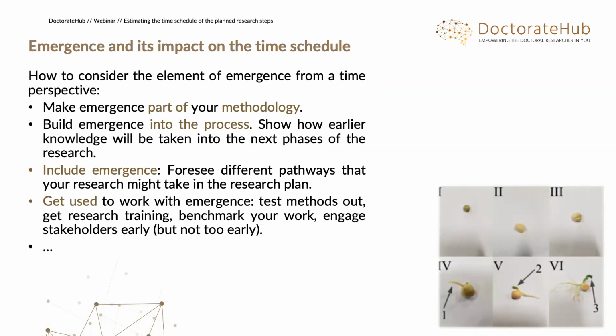So emergence is dealt with in the same way as uncertainty. Also with regard to getting used to working with emergence: test methods out, get research training, benchmark your work, get stakeholders early. So the same things: training, practice, foresee, anticipate. Don't give things a chance to slip out of your hand. Yeah? Be well prepared.